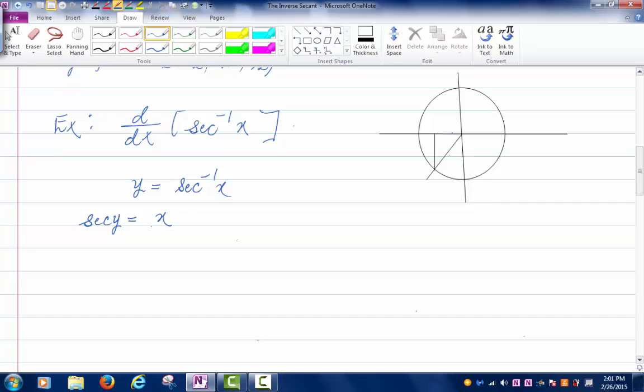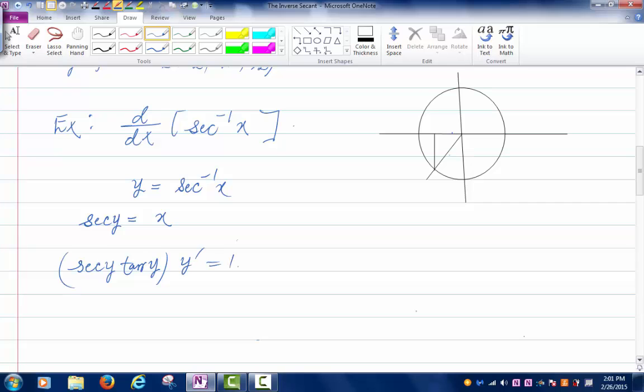Now, you take the derivative of both sides with respect to x. On the left hand side, what are you going to end up with? What's the derivative of secant y? Secant y tangent y. Is that it? Very good.